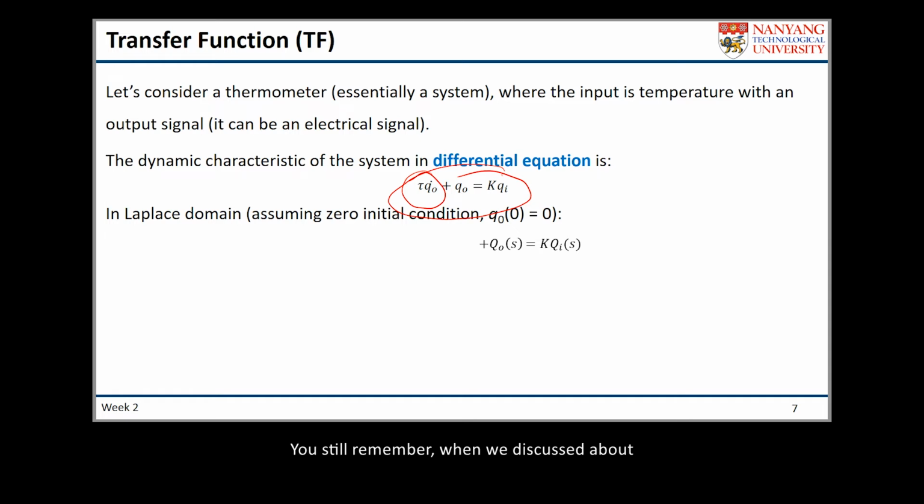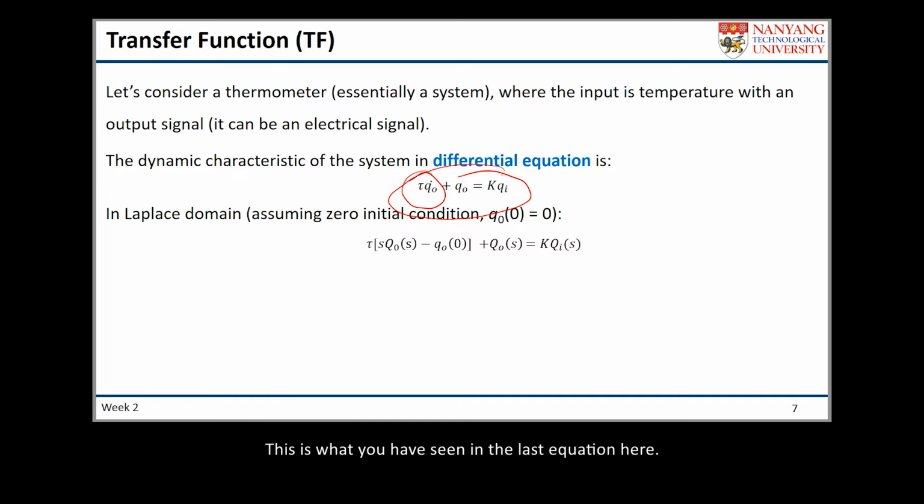You still remember when we discussed Laplace transform, how to Laplace the first derivative of a function. Laplace of Q naught dot will be equal to s times capital Q naught minus the initial value of Q naught, the value of Q naught(t) when t is equal to 0. And of course, you have to multiply it by the constant there, tau.